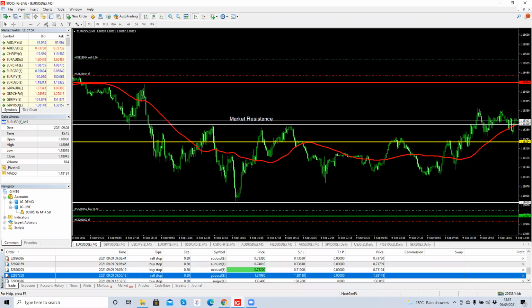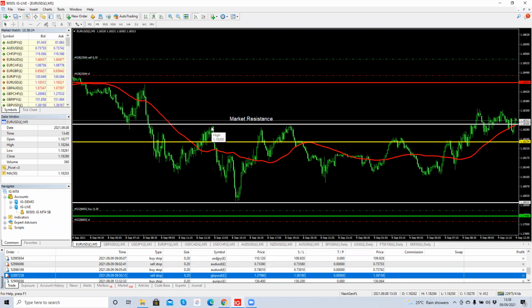So looking at the charts, this is the Euro US dollar, the 5-minute time frame. Initially, when I looked at the market this morning, the market was trending sideways between these two white lines, and it broke. You can see that the pivot point at the time was within the sideways trend, and the market had also formed a market resistance at 1.1830.